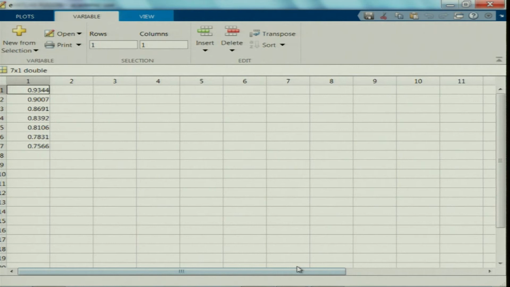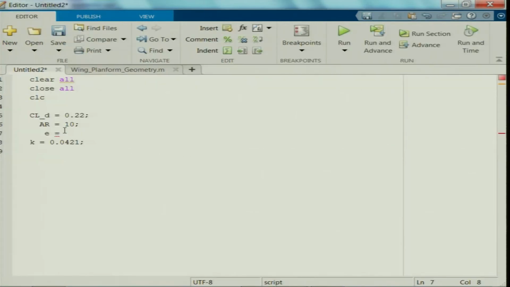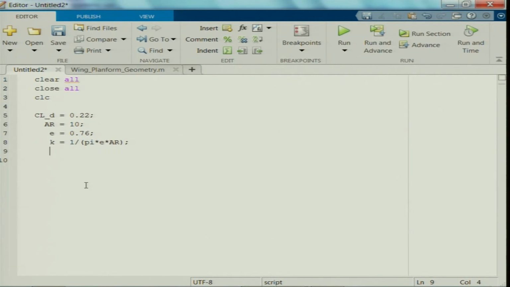Okay. So, considering that E is 0.76, K can be 1 upon pi E AR, right.